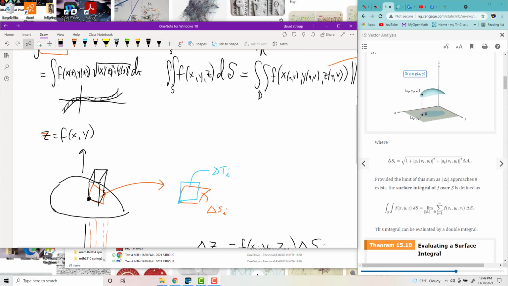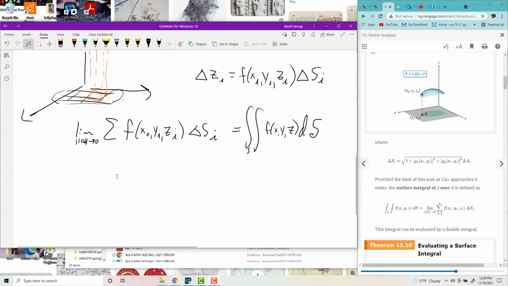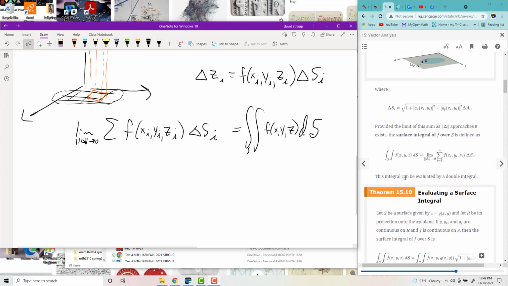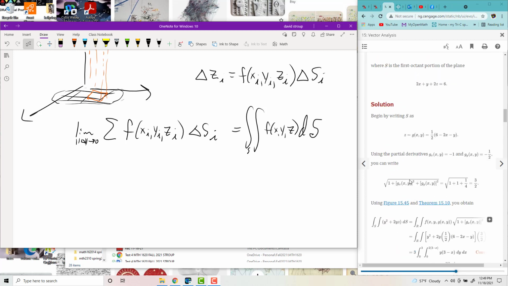Just like here, it's going to be a volume scenario. But that's it. You're adding up this function over the surface. You can do whatever you want with it. You can do mass, figure out that sort of thing.